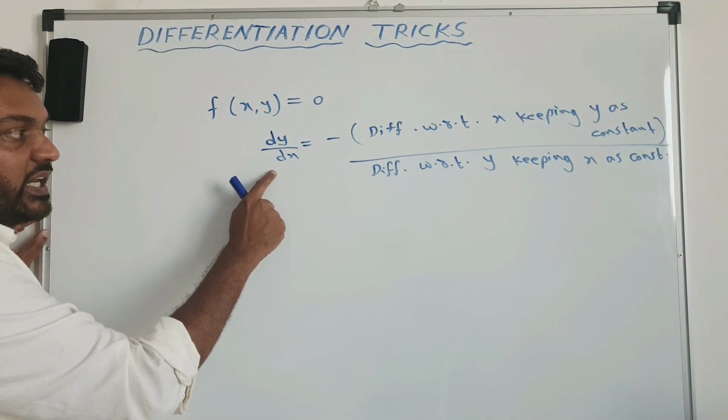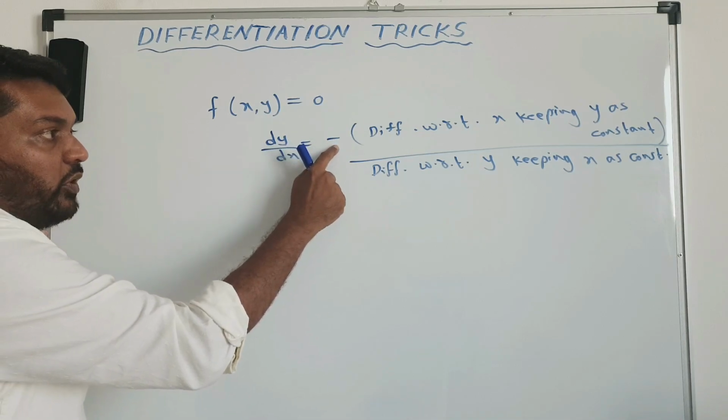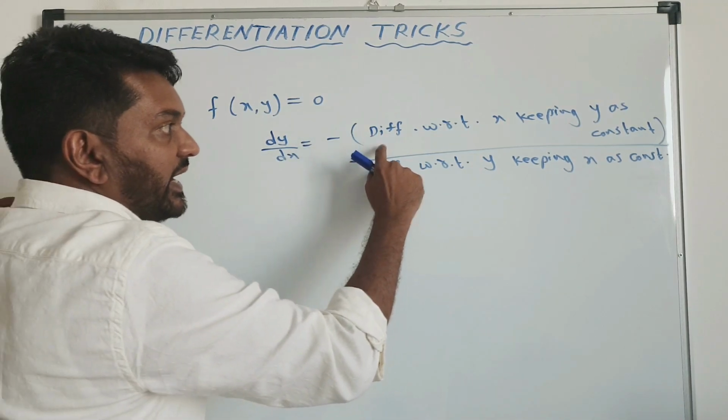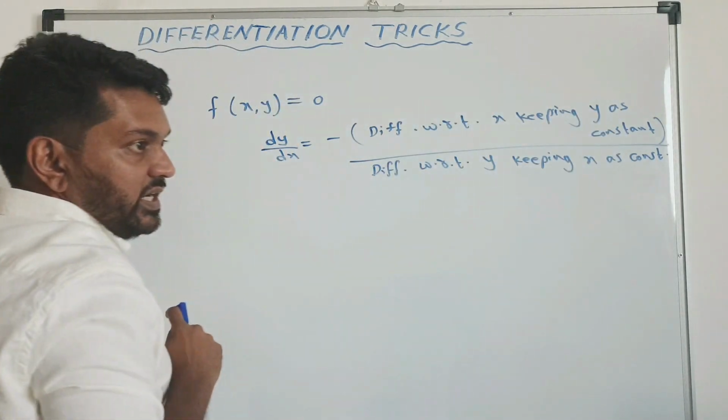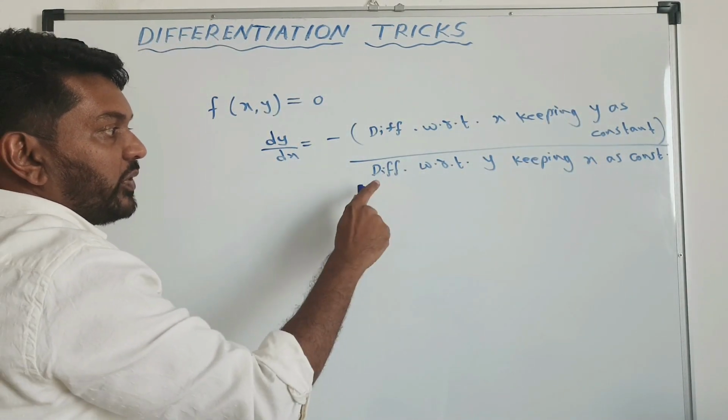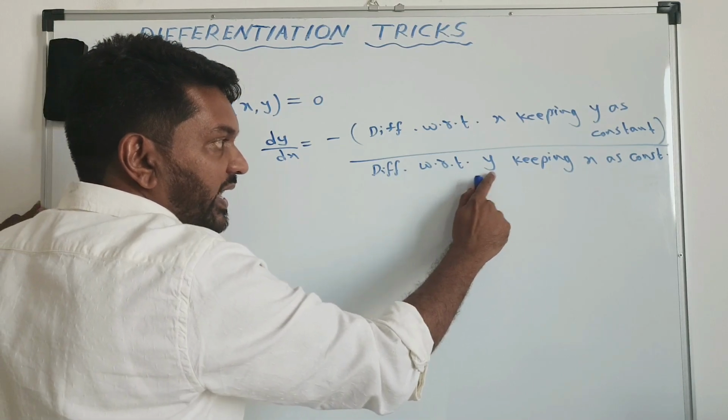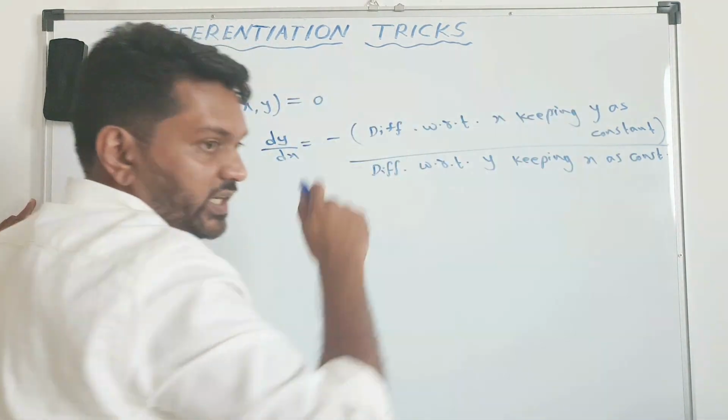So the implicit function derivative will be negative of differentiate the entire equation with respect to x considering y as constant, divided by the same equation differentiate with respect to y keeping x as constant.